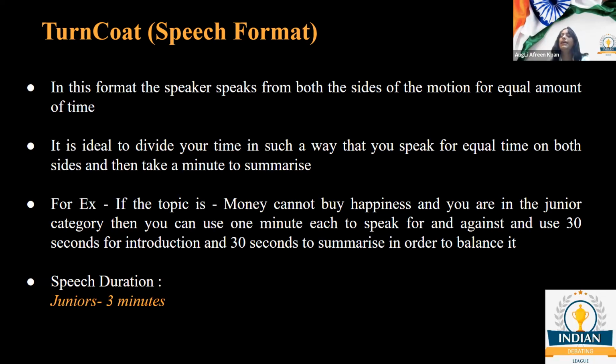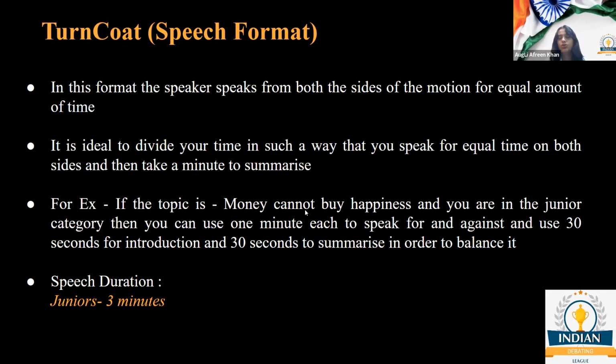You could say, I think money cannot buy you everything in terms of family, friends, emotional support. But money can buy you a good house, a very comfortable bed, which also indirectly gives you happiness. Which is why, even though money is important, you shouldn't completely rely on that to derive happiness. So you take the neutral stance in the last 30 seconds.